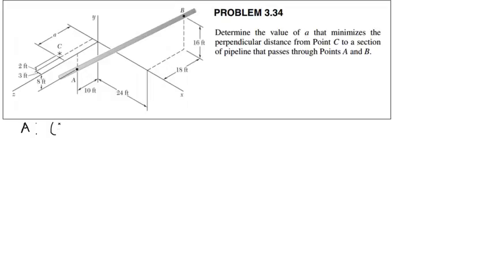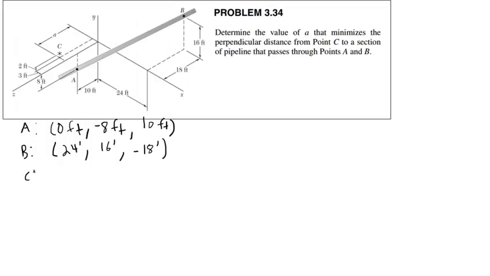Yeah, 0 feet, comma, -8 feet, comma, 10 feet, right? B has coordinates 24 feet, comma, 16 feet, comma, -18 feet. And those are the coordinates for point B.